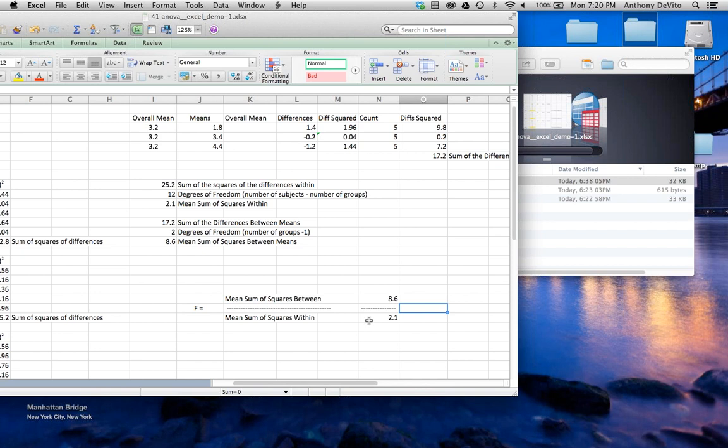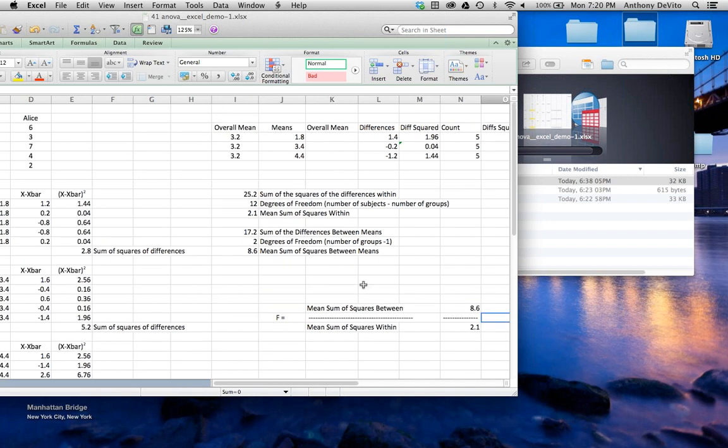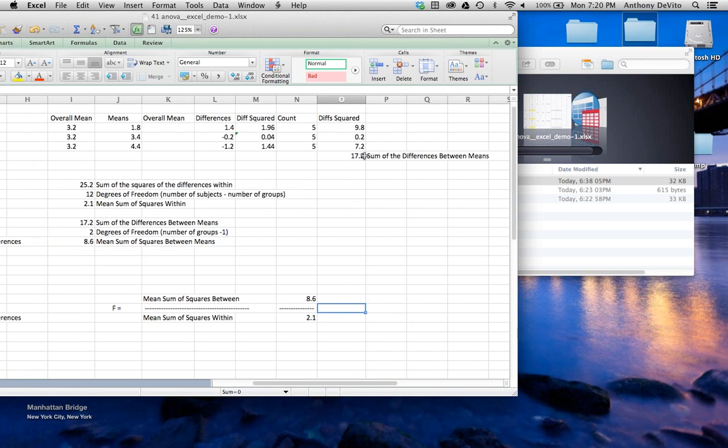I just want to point out the fact that the further apart the means are, the bigger would have been our difference in the sum of squares, the bigger the top part of this equation would have been. The further apart the means are, the bigger this number becomes. The bigger this number becomes, the bigger the F-score becomes.